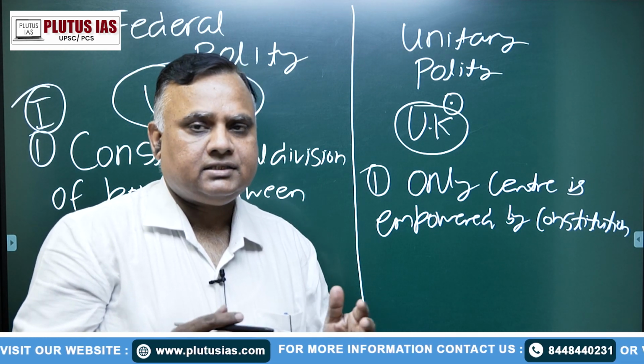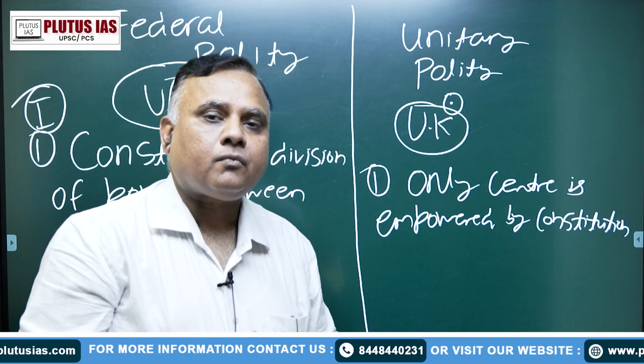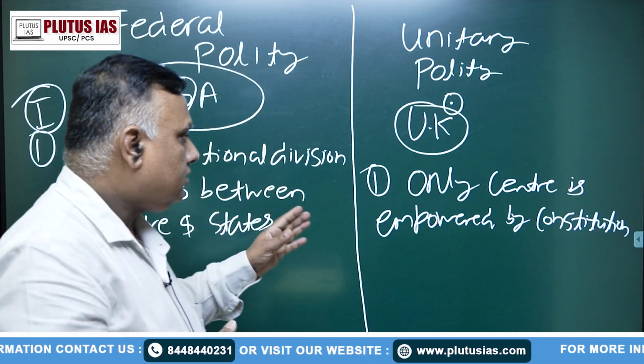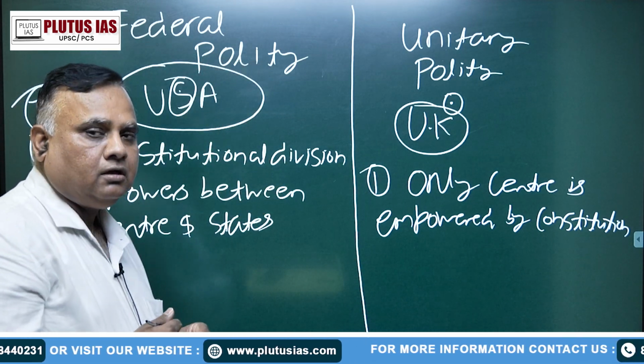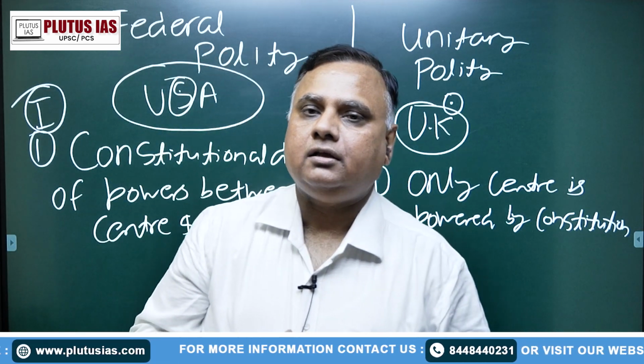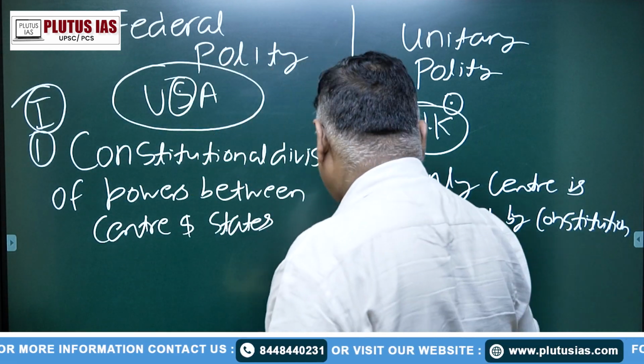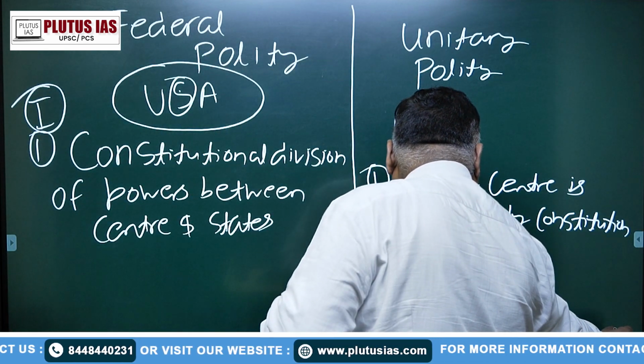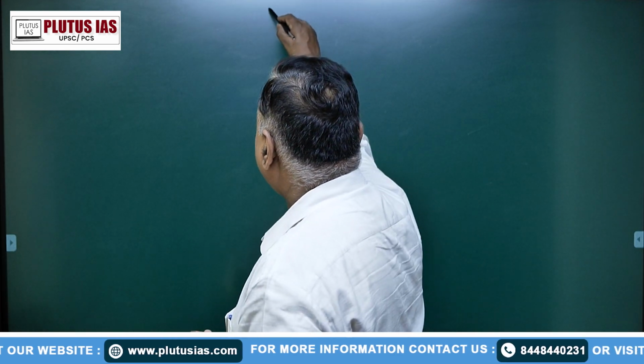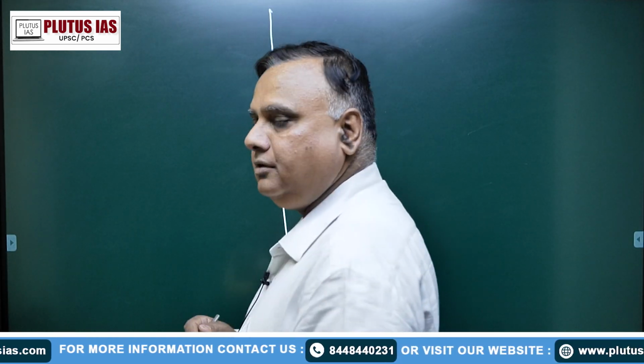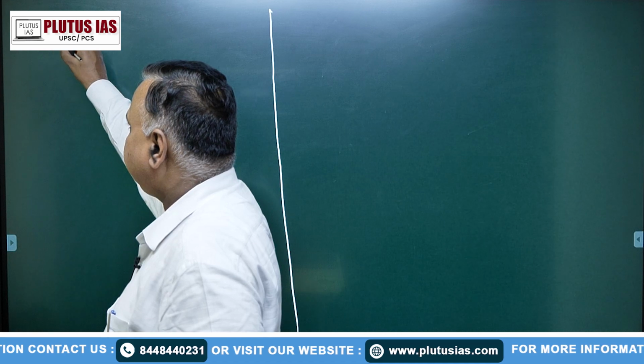So the state list has its own sphere. So this is the first difference between federal polity and unitary polity. India on the first point is on the federal side.